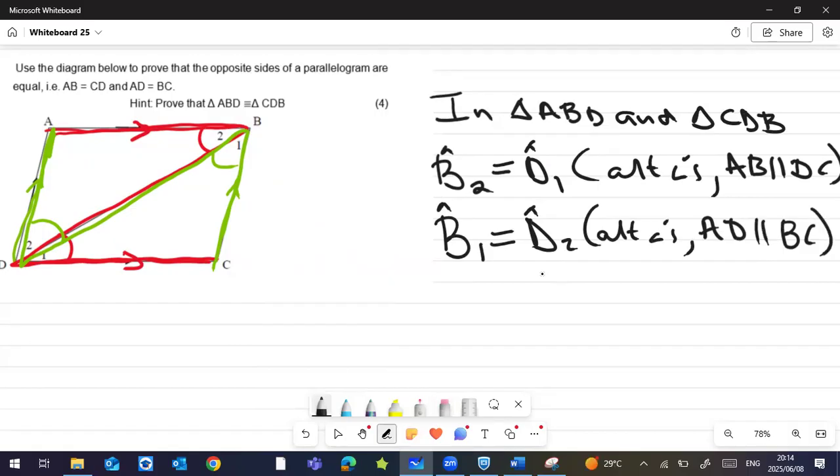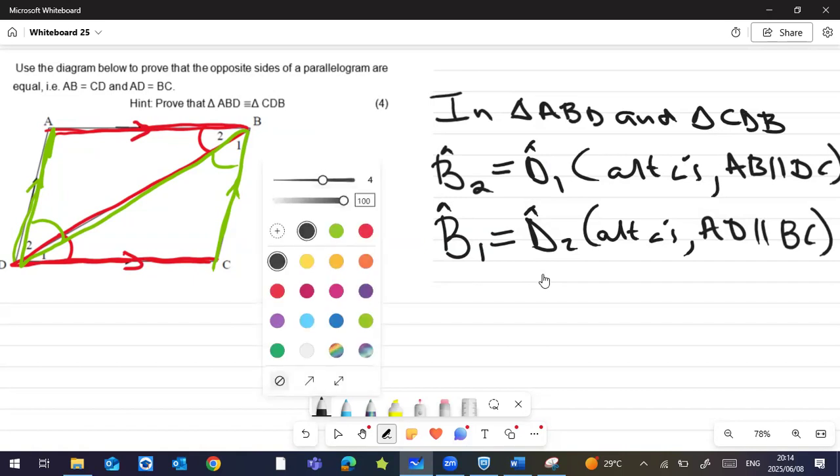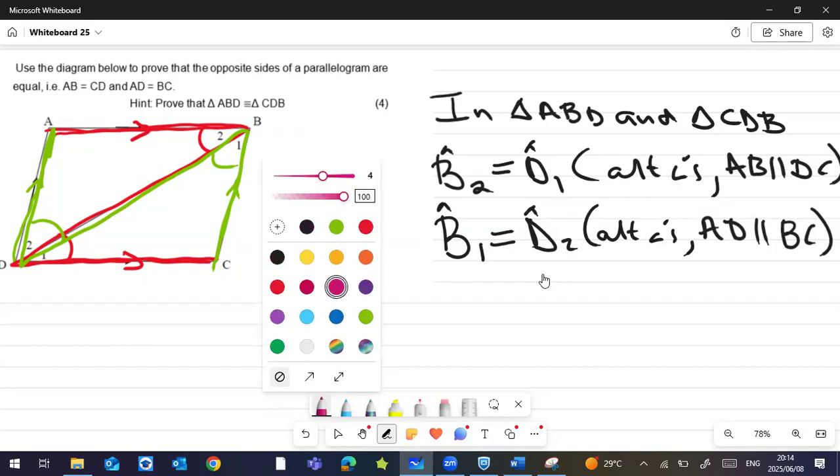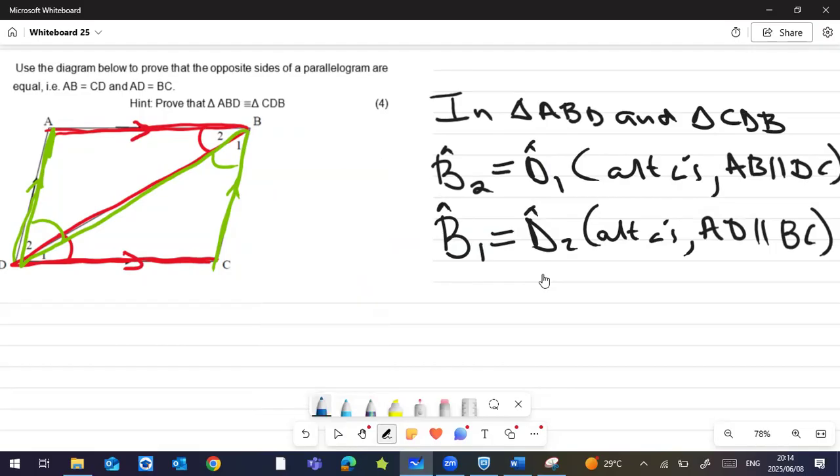Now we have two statements. We spoke about B2 being equal to D1, and we are saying again B1 is equal to D2. What we can clearly see again between these two triangles, triangle ABD and triangle CDB, is that there is a side that is common between these two triangles. That side BD is a common side.